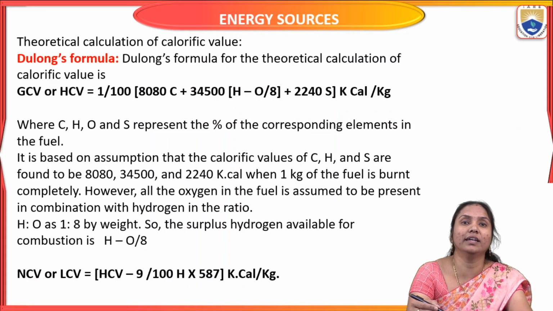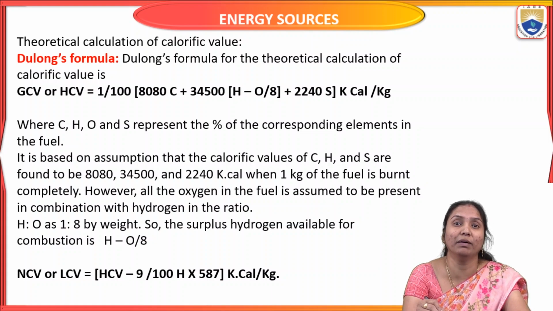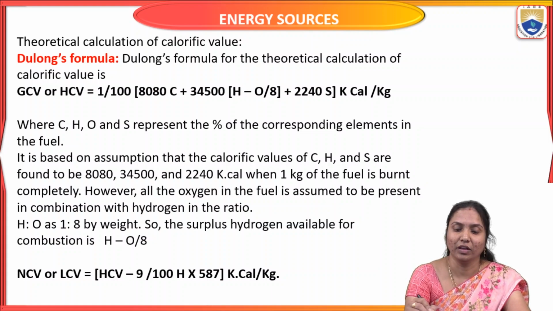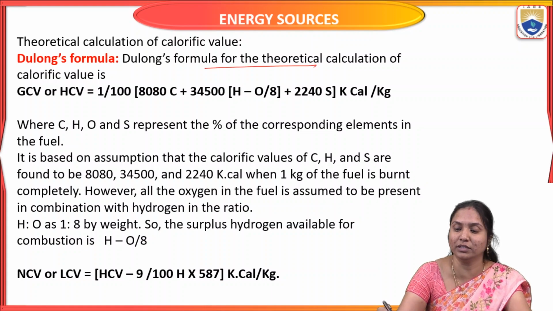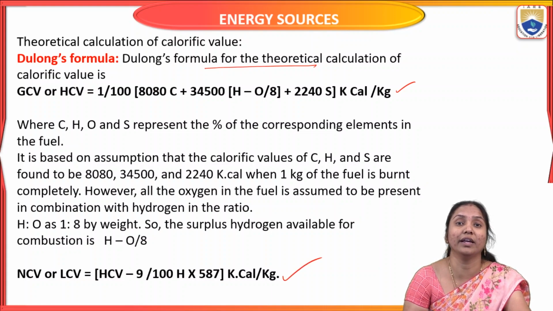Now let us discuss the theoretical calculation of calorific value by Dulong's formula. These formulas are most important for calculating the high calorific value and low calorific value of a fuel.